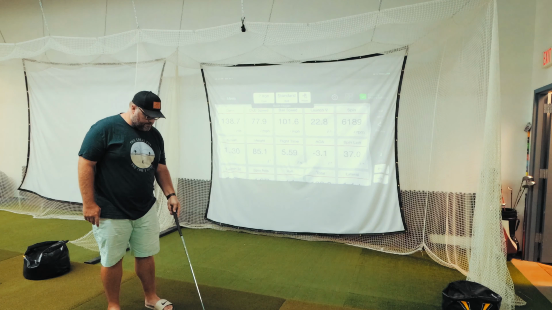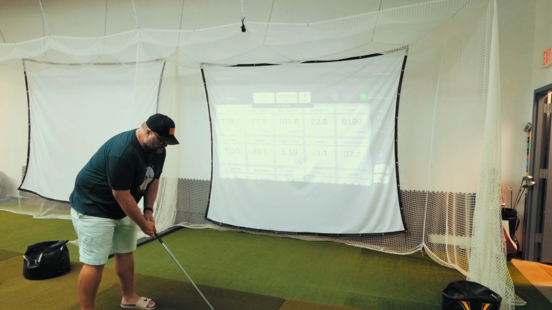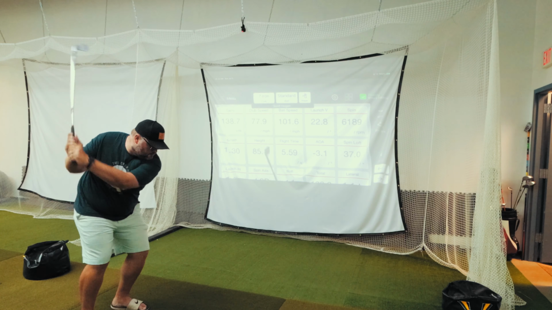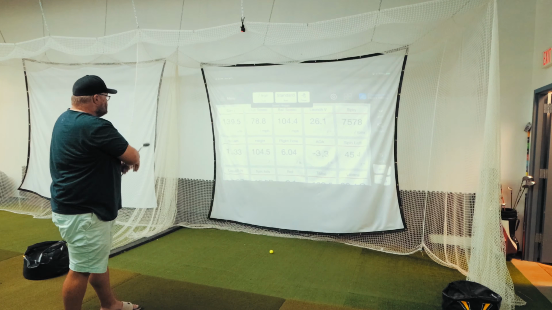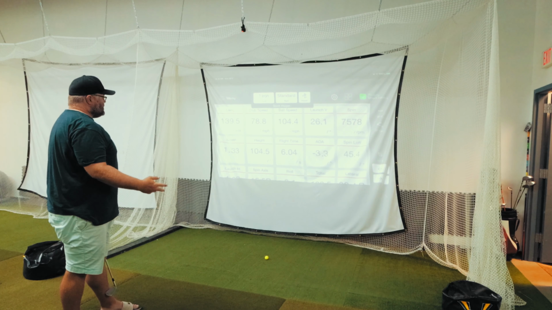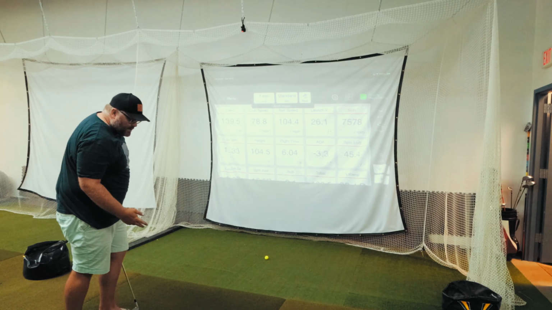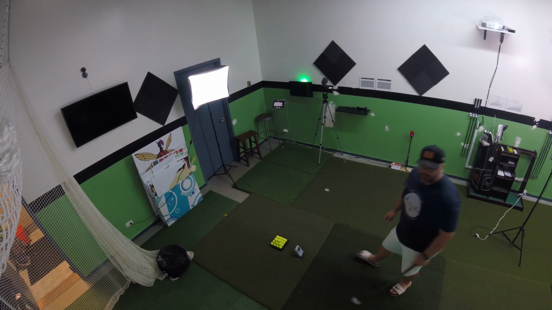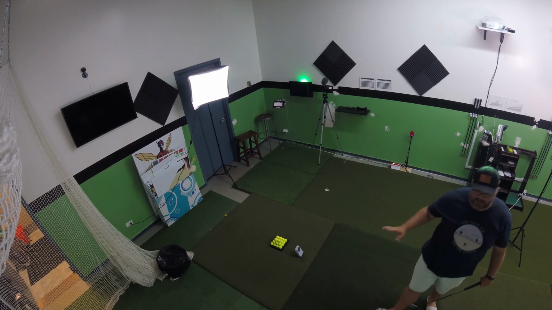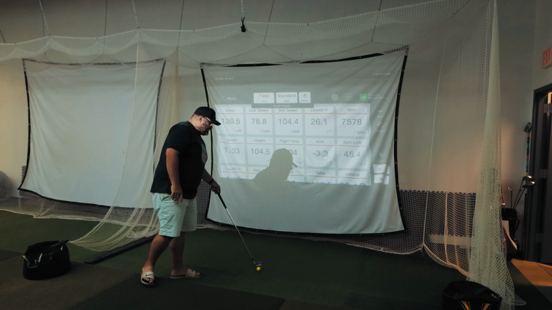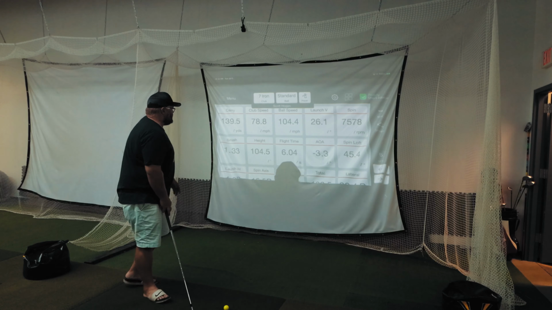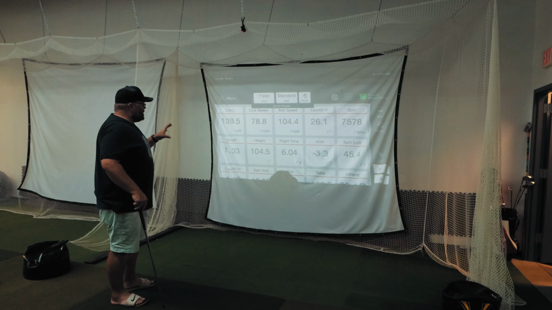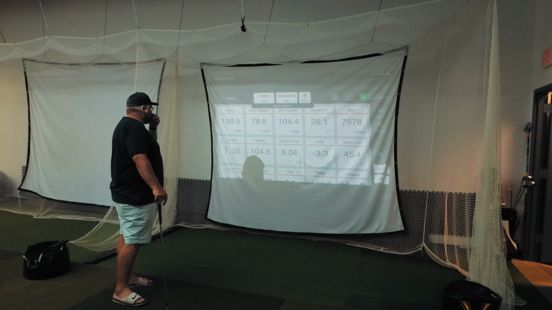Let's see. 78, pretty consistent, and our unit's coming in right about 75 down here on the ground. I've been noticing this one's a little bit inconsistent of late. I think it got hit with a club by somebody, but pretty close. Okay, so we're in the ballpark, all right?